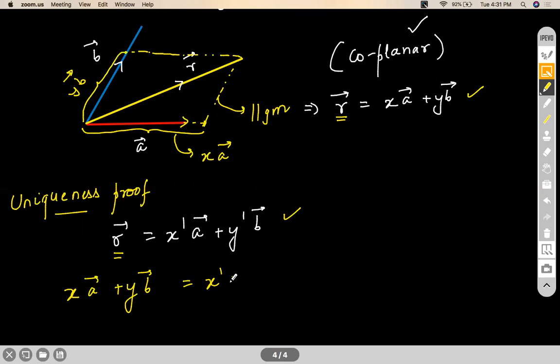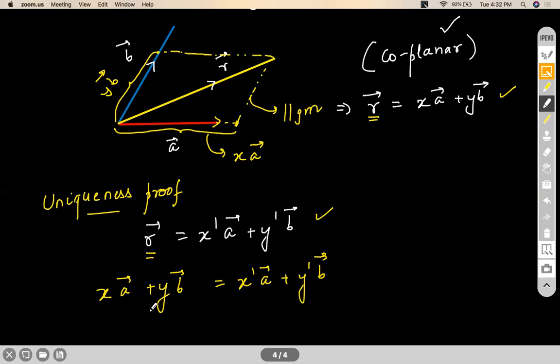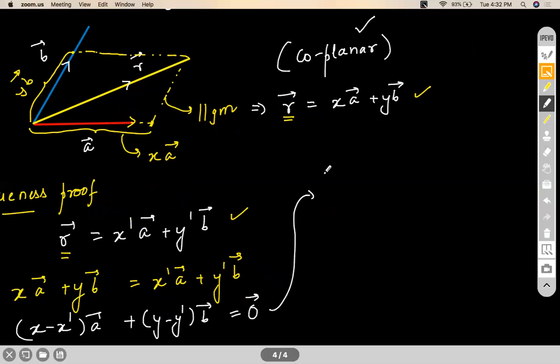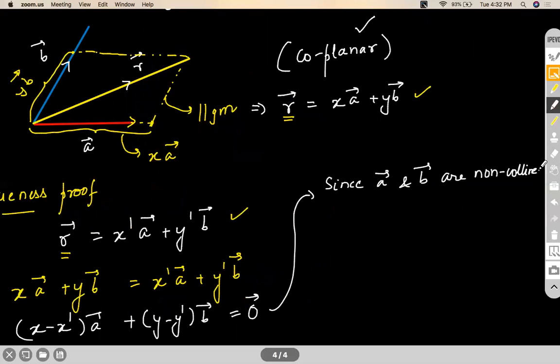Correct? Now watch this very closely because it will say a lot of things. Now, if this is the case, it means (X minus X dash)A plus (Y minus Y dash)B is equal to a null vector. Now remember, A and B are non-collinear vectors, which means they are linearly independent.